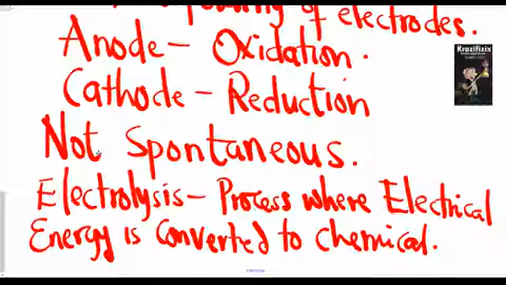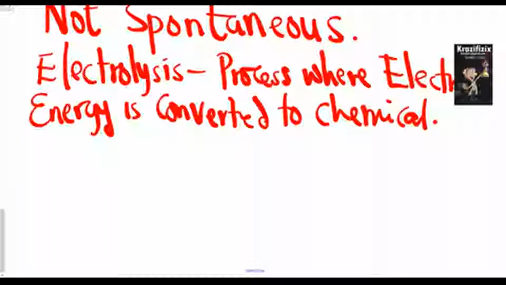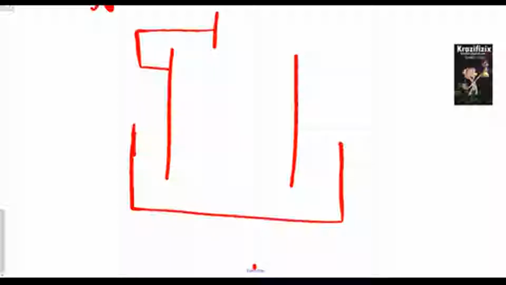Let's look at what a typical example looks like. Now, in this case, we could actually have them in one particular cell. All right, so I'm going to have my electrodes. I'm sure we remember what electrodes are, and these electrodes are connected to a DC supply.